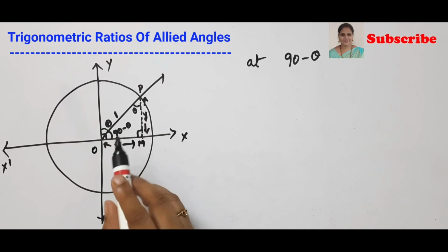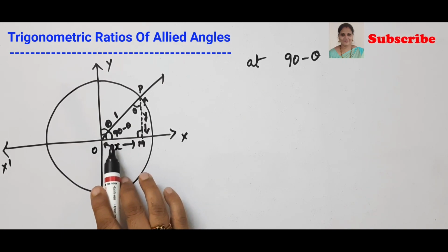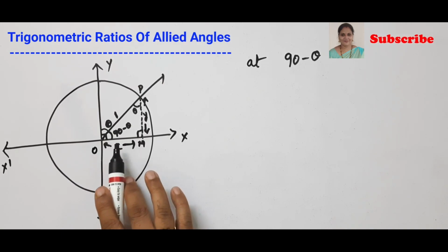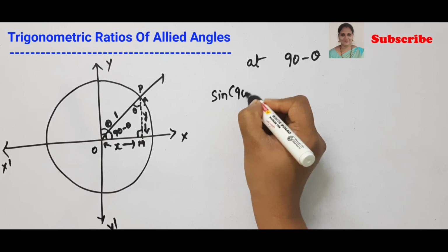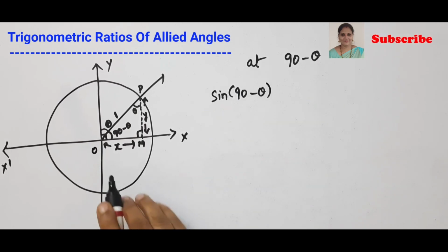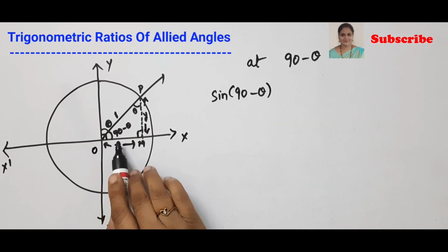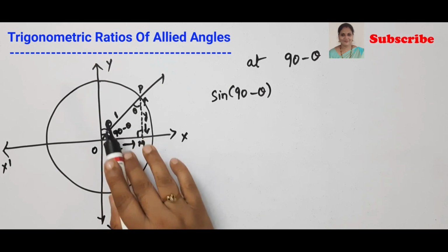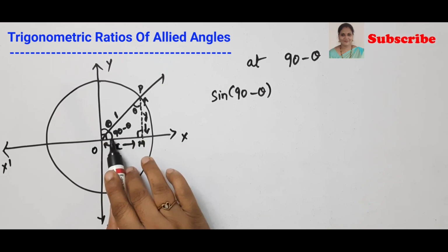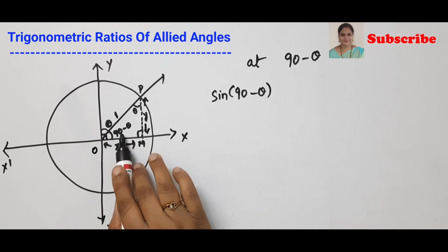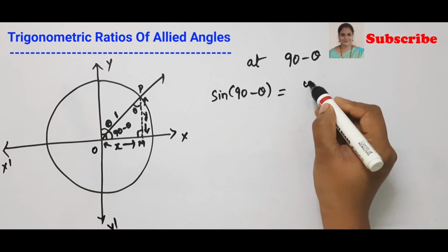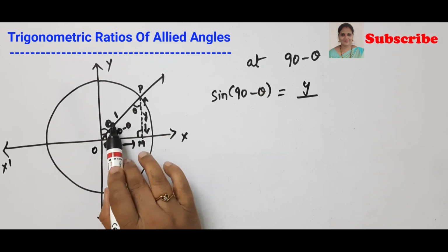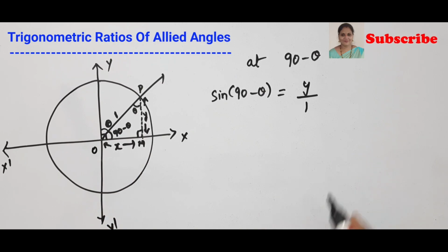Now, if we want the trigonometric ratio at 90 minus theta, sine of 90 minus theta is nothing but the opposite side by hypotenuse. The side which is opposite to angle 90 minus theta is y, is it not? So this is equal to y by hypotenuse. Hypotenuse is 1. So we got y.